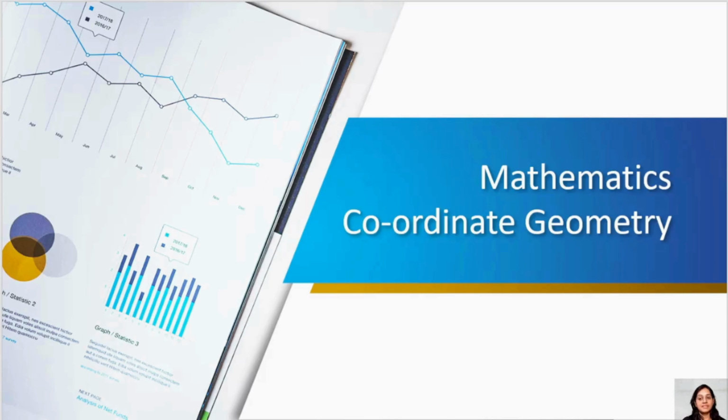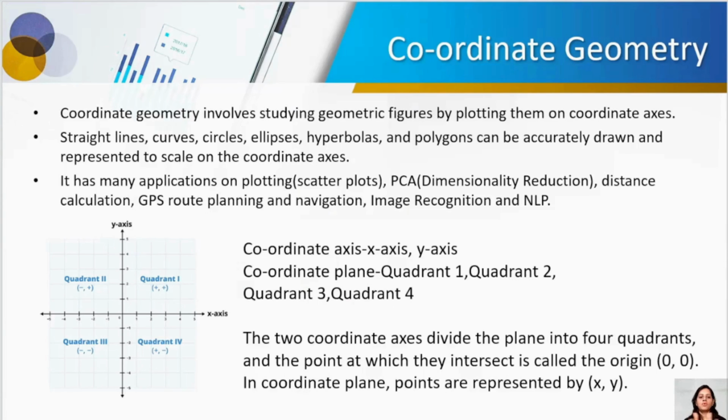So, guys, let us understand coordinate geometry. What is coordinate geometry? When we are drawing different kinds of shapes on a geometrical axis or coordinate axis, that is called coordinate geometry. For example, you are drawing a circle on an axis, where this is the y-axis and this is the x-axis.